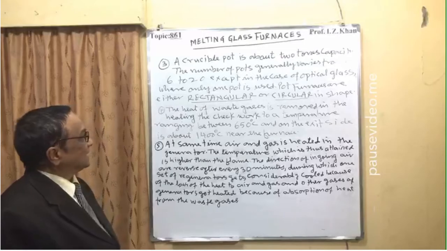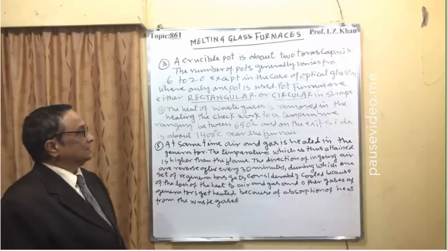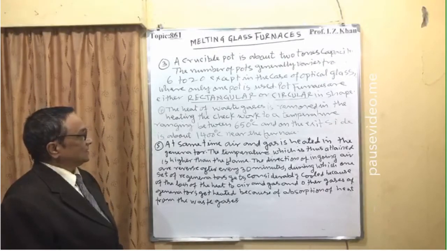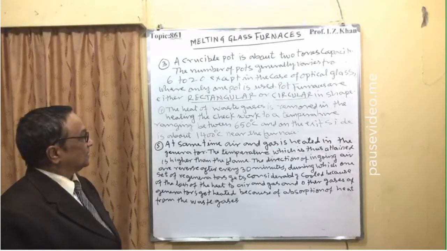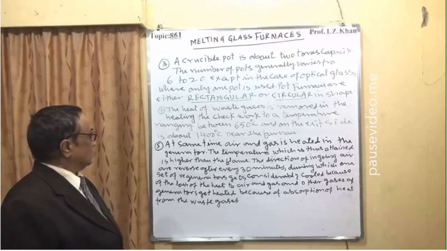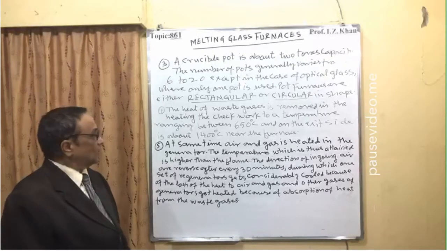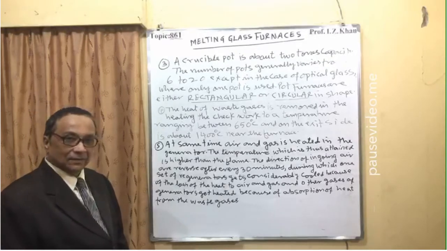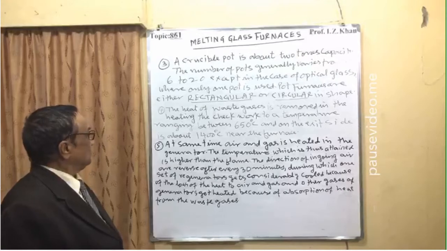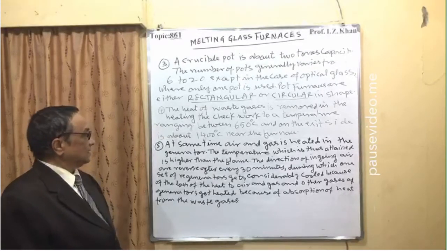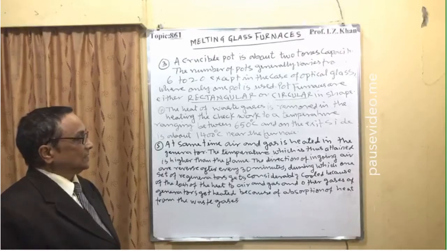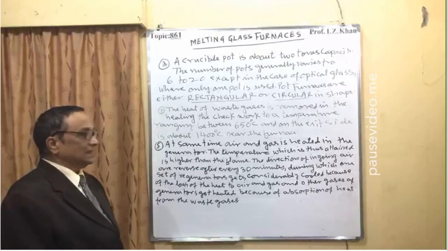Number 4, the heat of waste gases is removed in heating the checker work to a temperature ranging around 650 degrees centigrade, and on the exit side it is about 1400 degrees centigrade near the furnace. Number 5, at the same time air and gas is heated in the generator. The temperature which is thus attained is higher than the flame.